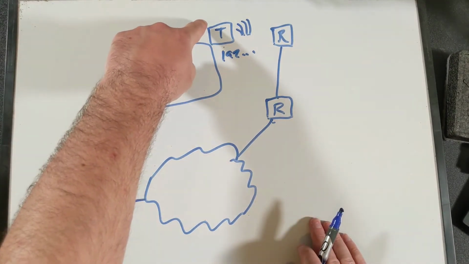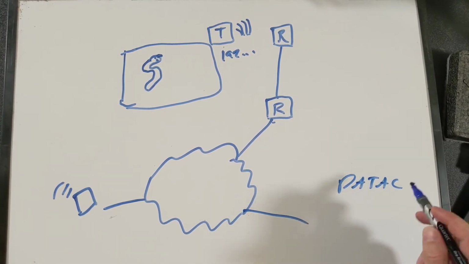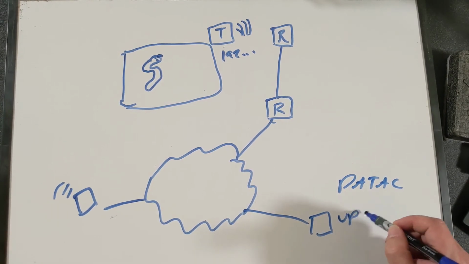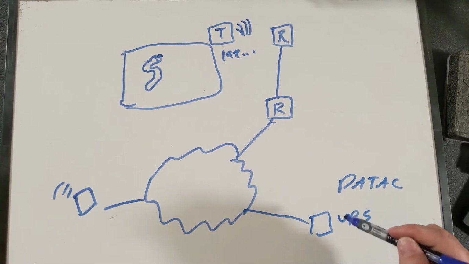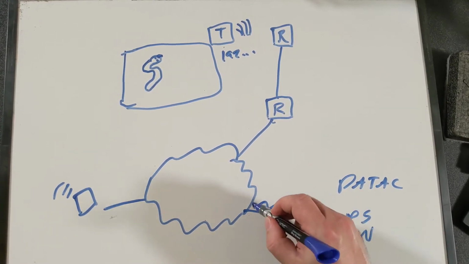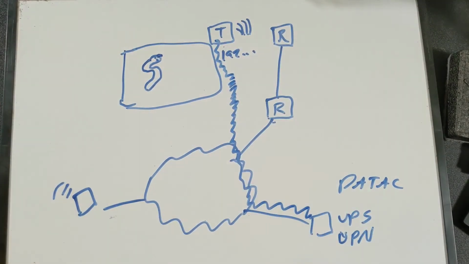And so the solution that I have to this is that off at a data center, I have a virtual server. And that virtual server is a VPN server. And so it has a VPN encrypted tunnel to that temperature sensor computer.